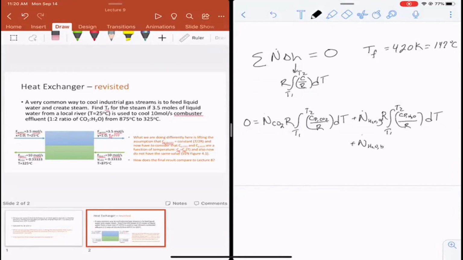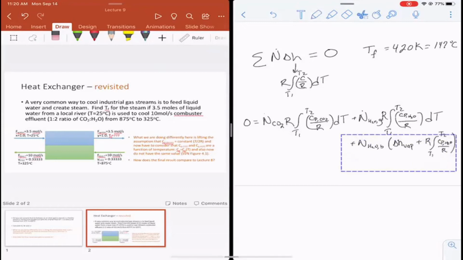And then we had two terms here: one was delta H of vaporization at 25 degrees C, plus R times the integral from T1 to T2 of Cp of water in the gas phase over R.